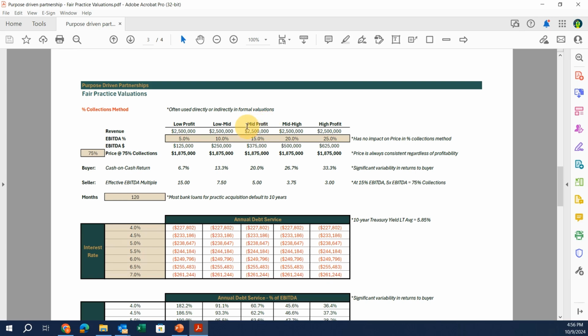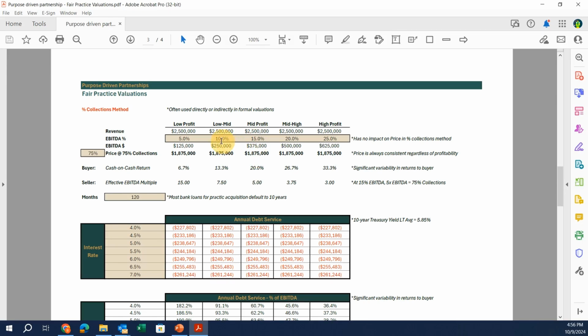So if you have a practice with mid-range profitability around 15% EBITDA, then the 75% collections method and the 5 times EBITDA method will generate the same result. But note that that's the only place it overlaps.